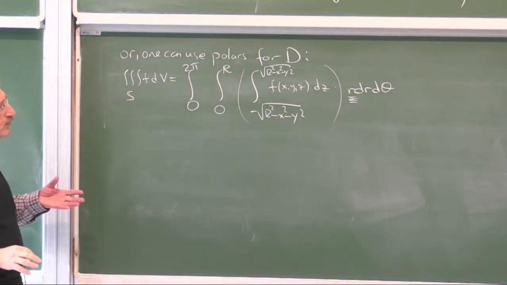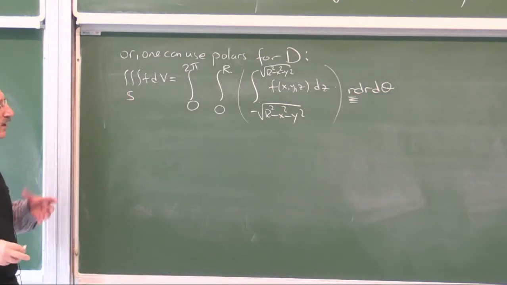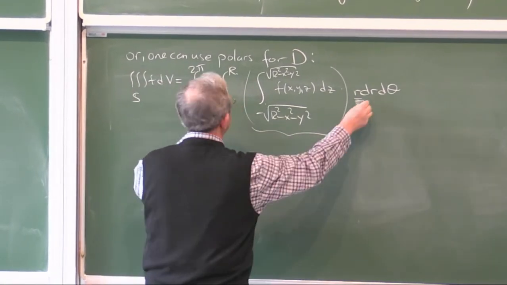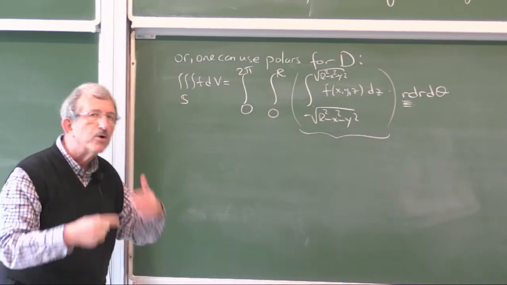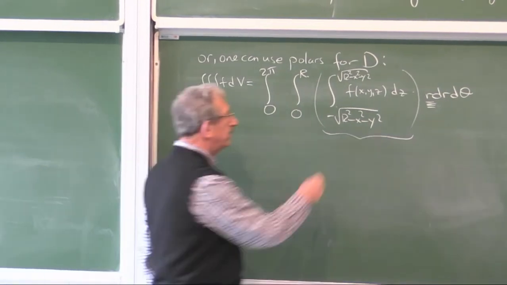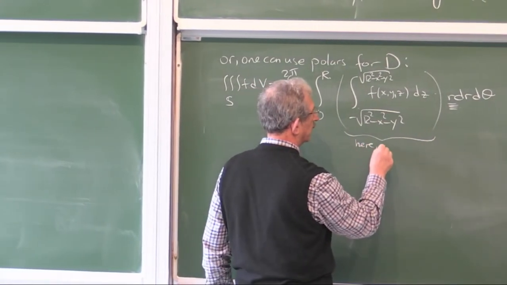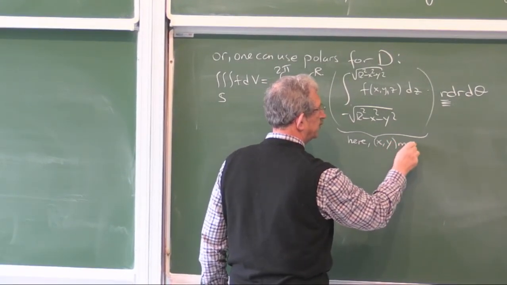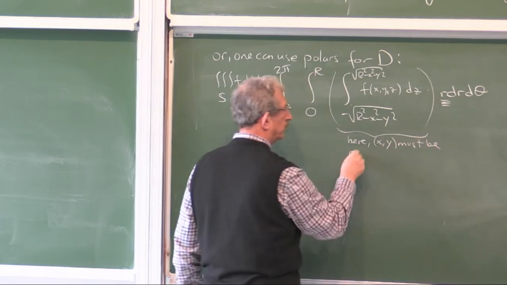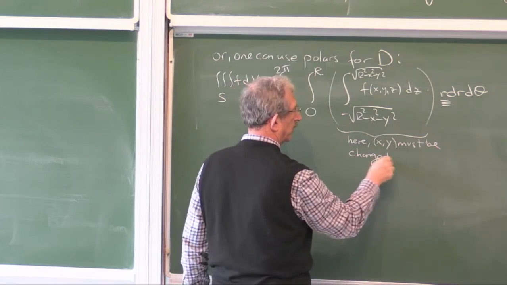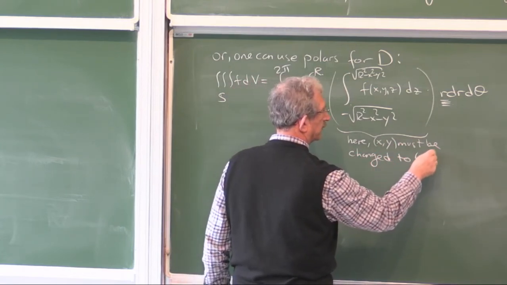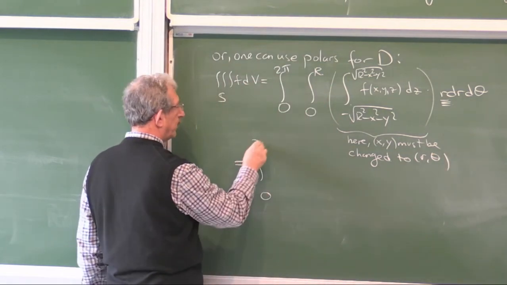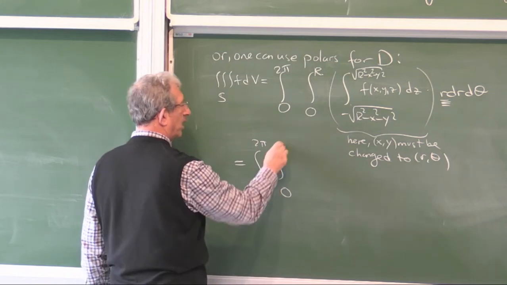Well, of course, there is something strange here. The strange thing is that this is the function we are integrating in the polar conversion. So here, x and y must be changed into r and theta. So let us do it. 0 to 2 pi, 0 to r.